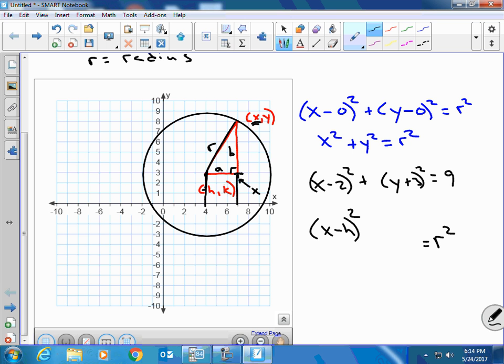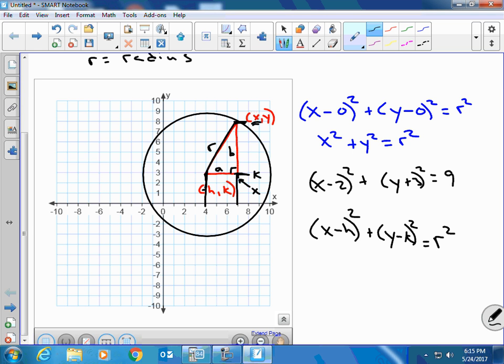And the distance from this Y value to this Y value: that Y value right here is K, and this Y value up there is Y. So it's Y minus K. And using the definition, we have our generic equation for a circle: (x minus h) squared plus (y minus k) squared equals r squared.